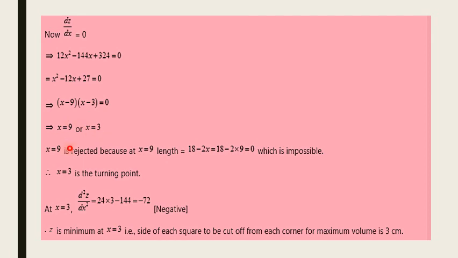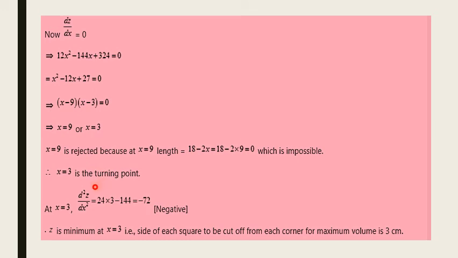x equal to 9 is rejected because when x is 9, length 18 minus 2x is 18 minus 2 into 9 equal to 0, which is impossible. So we have only one value, that is x equal to 3, the turning point.